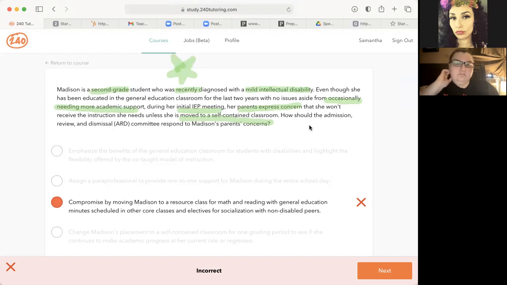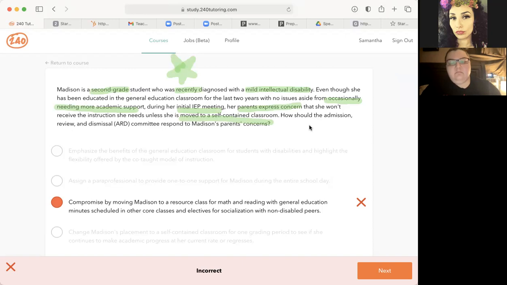Maybe the ARD committee needs to consider more academic support in the IEP, or consider other avenues. But if I were on the ARD, I don't know that I would feel comfortable moving her to self-contained in the second grade. She's learning all these social skills, and she only occasionally needs academic support.